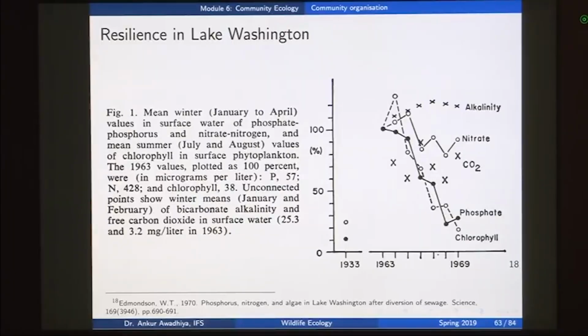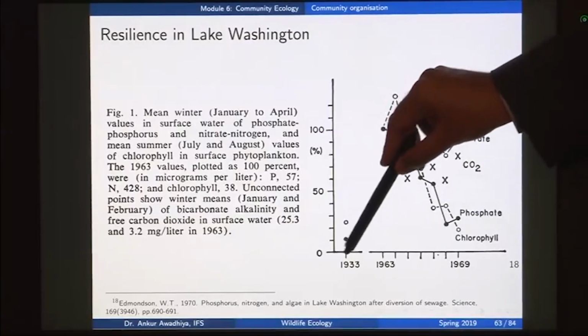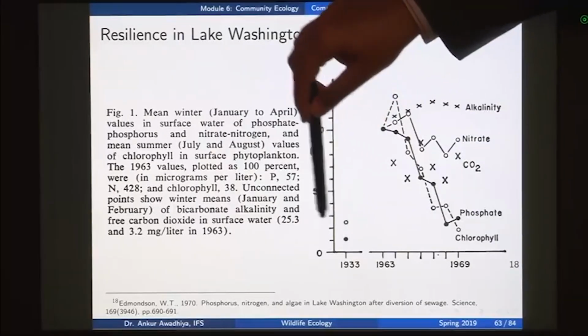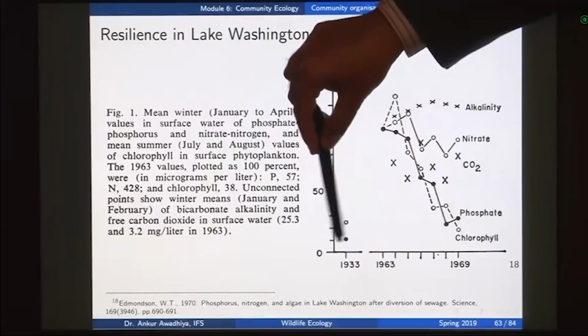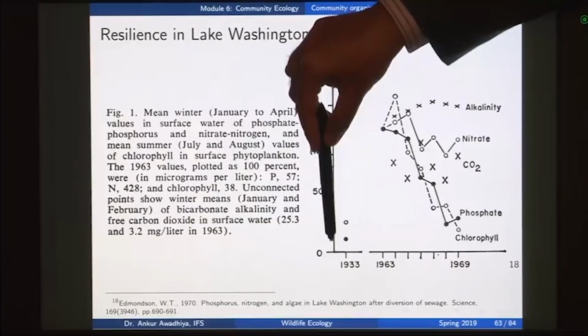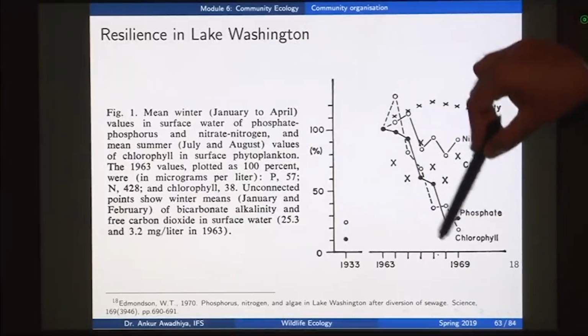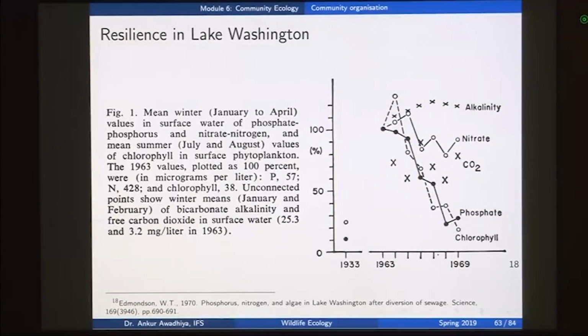But then because the plants require nitrogen, phosphorus and potassium, just because the phosphate level came down, the nitrate level also came down. And in this case, if you look at the measures that were taken, this black one is the phosphate, and if this was say 10% of the 1963 level, the final level is only close to around 15 or 20%.